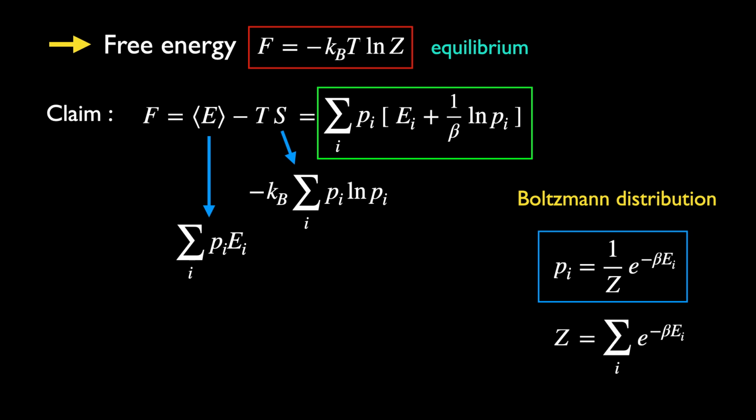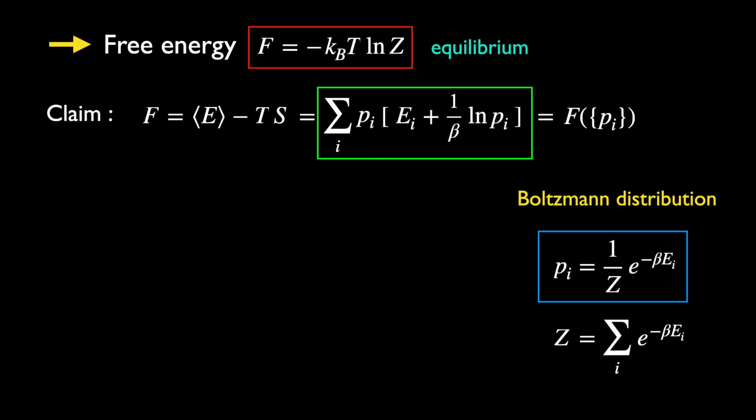This is what we will show: if we substitute the p_i's in the blue box into the expression in the green box, we will recover the red box. But please note that the expression for F in the green box is actually more general, and is applicable even to systems that are out of equilibrium, but can still be described by a set of probabilities at any instant in time. We define this F as a function of the probabilities, which is not necessarily the Boltzmann distribution. We shall come back to this in a moment.